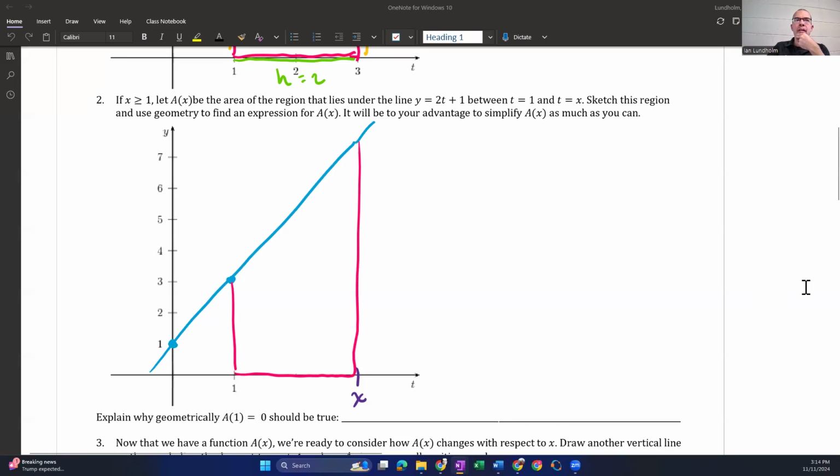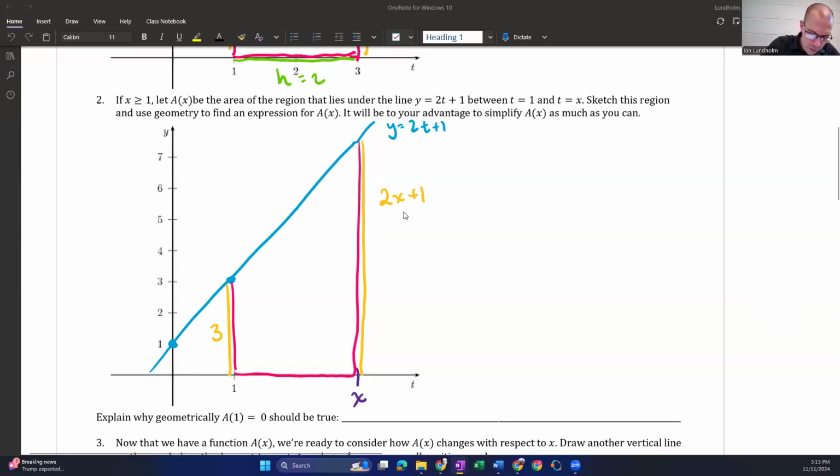But that's t equals 1, so this is still 3. This is x. And so the height of that will be 2 times x plus 1 because it goes up to the function y equals 2t plus 1. So that length will be whatever the x value is, times 2 plus 1.